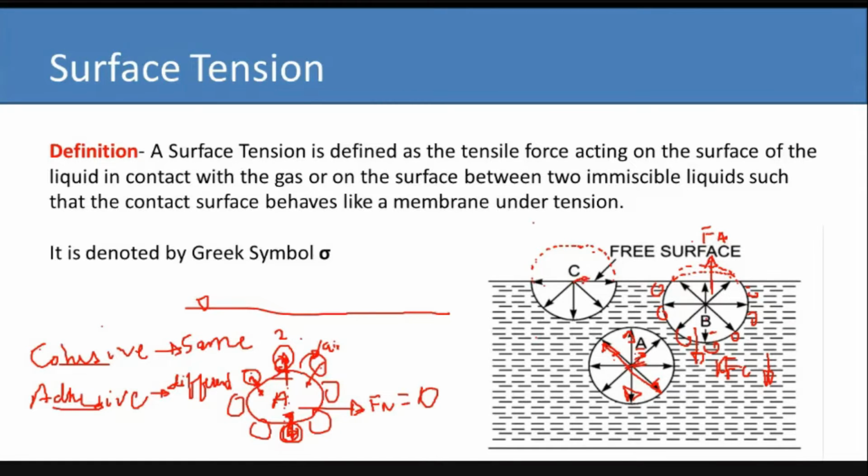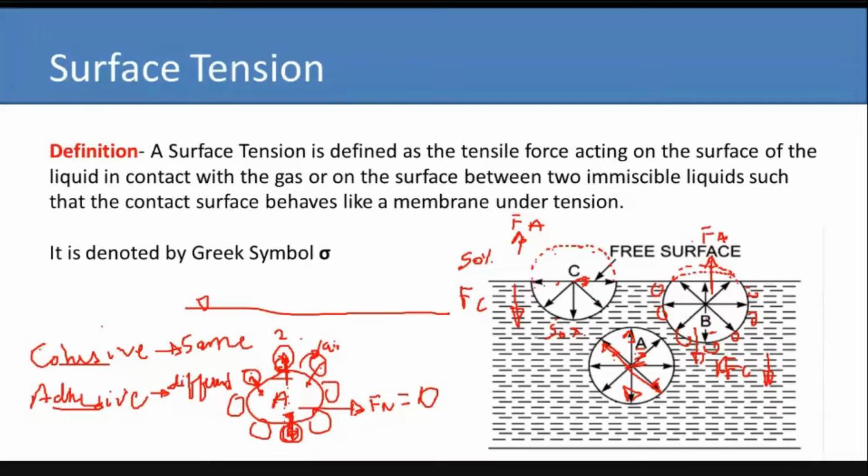Similar is the case in case C. This liquid molecule on the liquid surface is 50% in contact with air and 50% in contact with liquid. Okay, so here also two types of forces are acting. First is cohesive force acting in the downward direction, and second is adhesive force due to liquid and air molecules, acting in the upward direction.